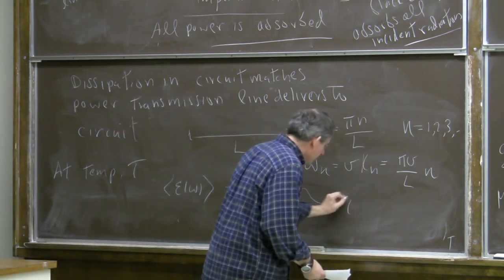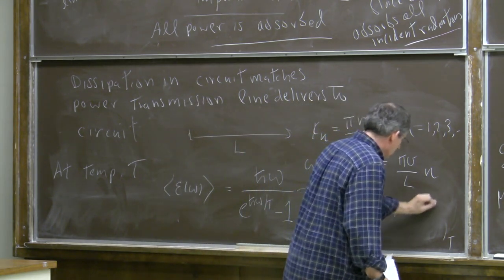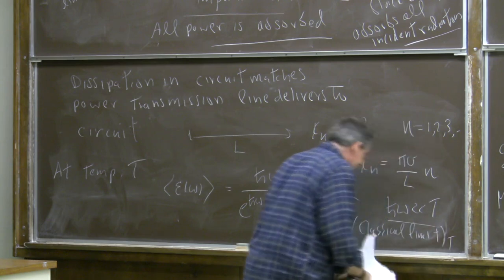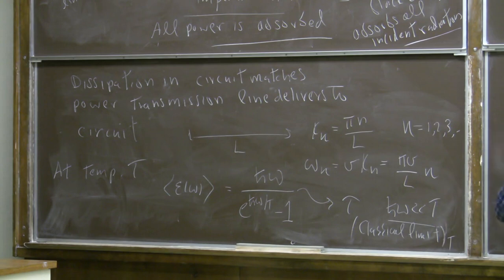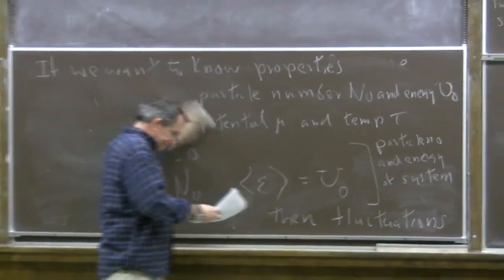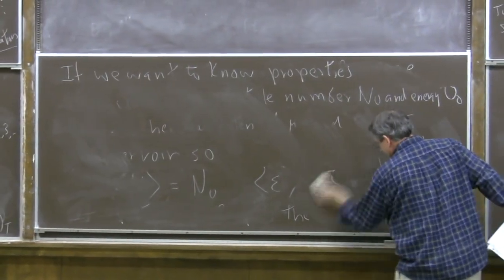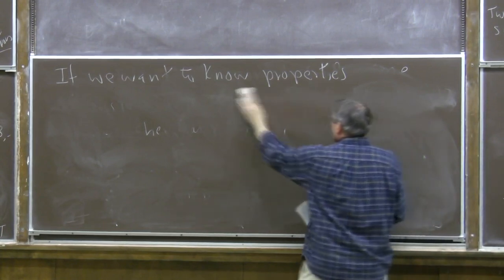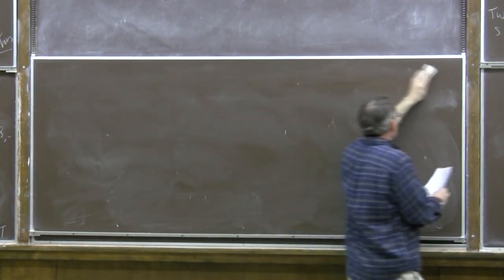So this, remember, is just tau when h bar omega is small compared to tau, the classical limit. So if we treat all the modes classically, there's energy tau in every mode.